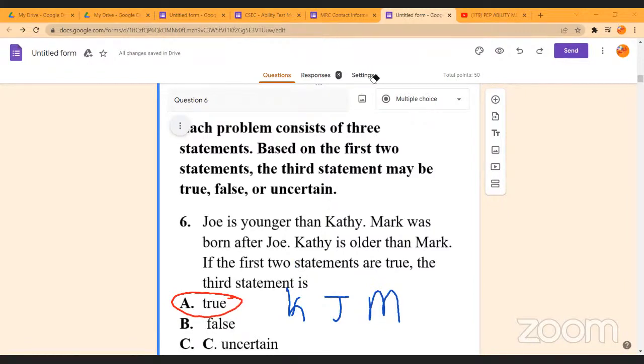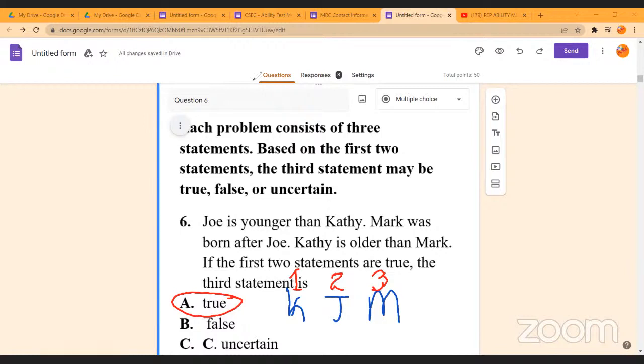Well done. Now read the next statement for me. Miss, Kathy is older than Mark. Is that true? When you say Kathy is older than Mark, you start to question yourself. Is that true?